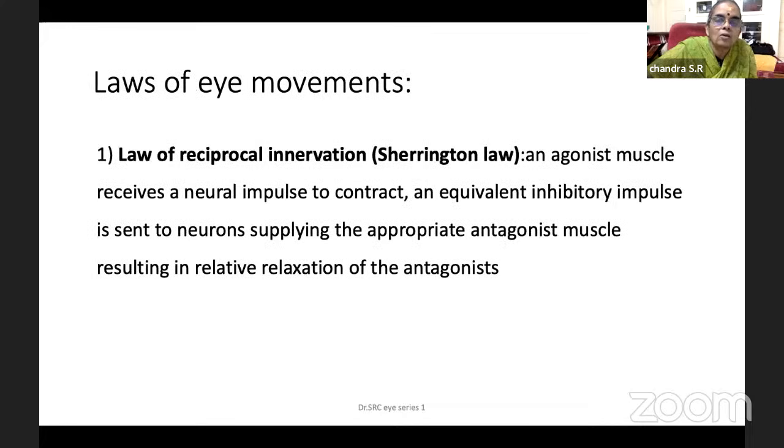Then you have got some laws, the laws of eye movement, law of reciprocal innervation of Sherrington. So before the next Wednesday, you should be thorough with all this we are sharing today.